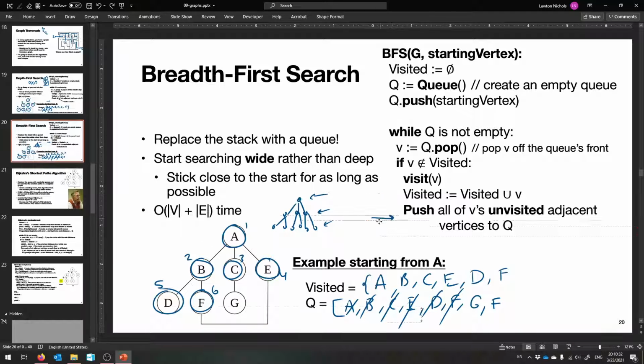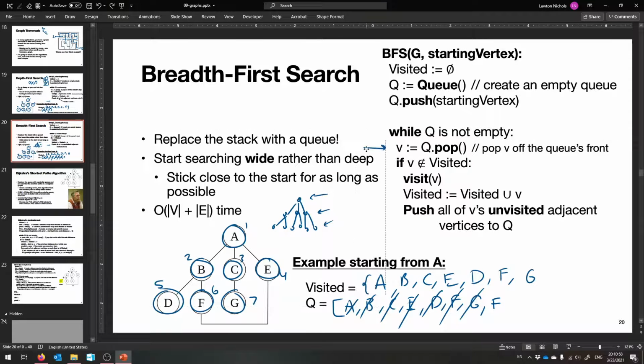And then finally, the final useful thing we do is we visit G. That's the next thing at the front of the queue, and so we pop it off. We have not visited it yet, so we will. And so that's the 7th thing. And then we push all of its unvisited adjacent vertices, which is just C, but we visited it, so we don't have to push it. And then we're done, so that's fine.